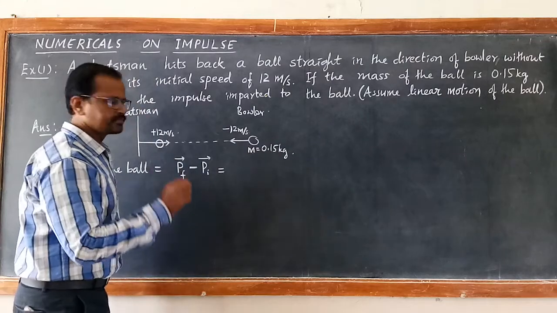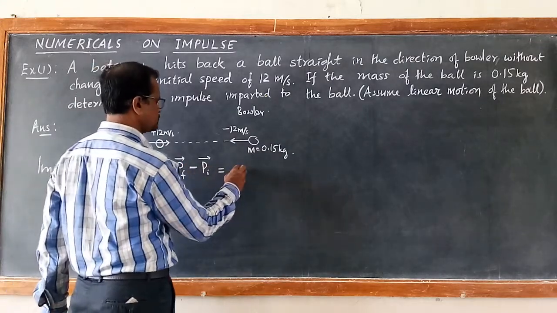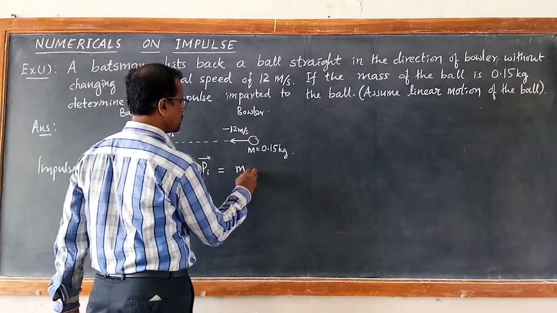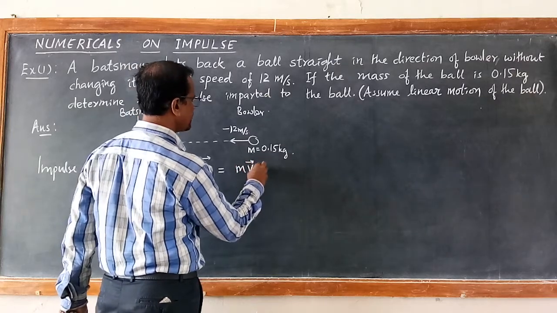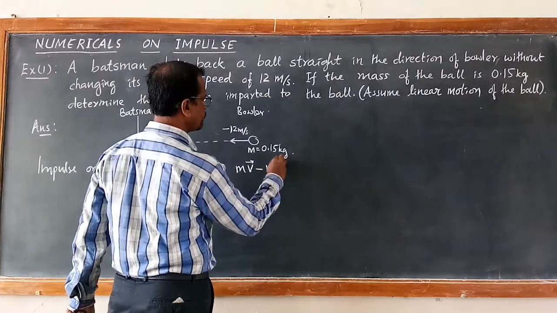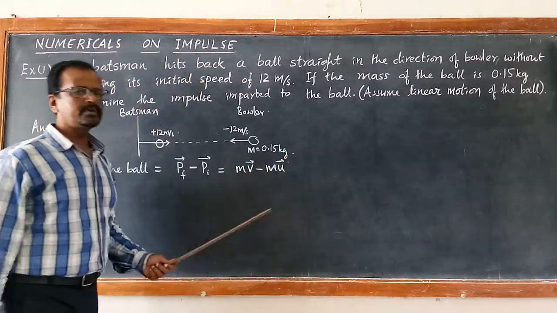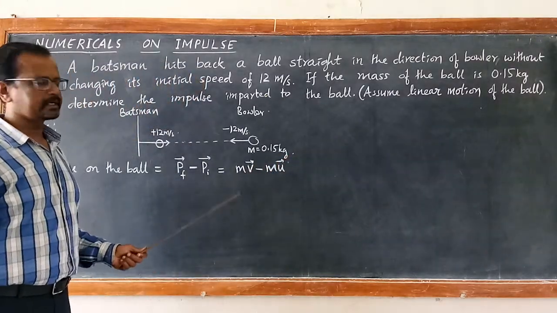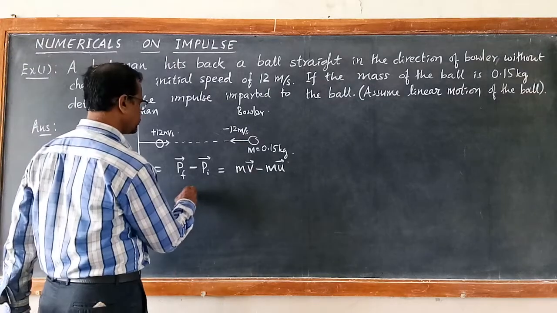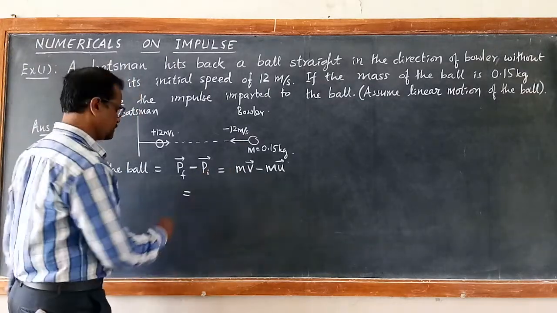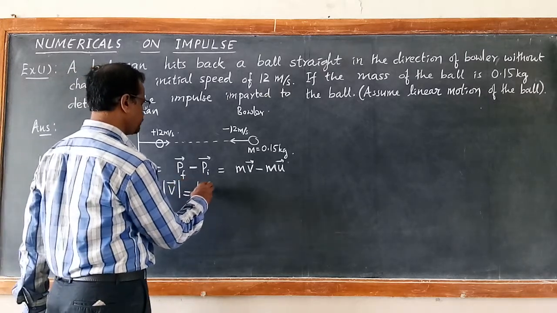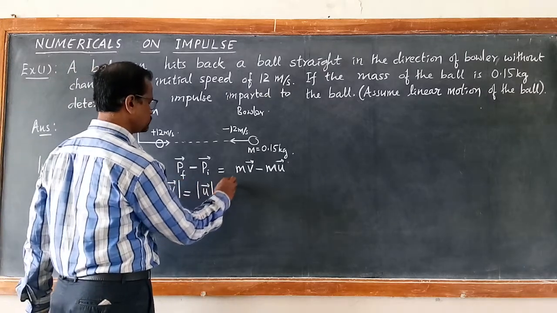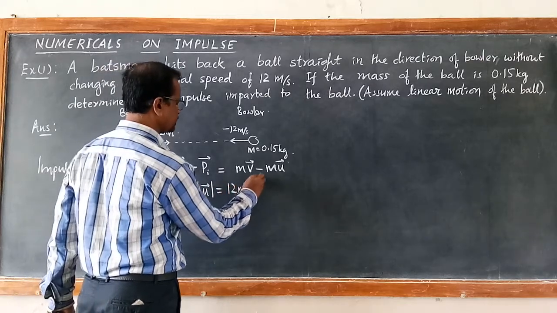Let us assume the mass m, initial velocity u and final velocity v. So we can write it as m v minus m u, as vectors. But the magnitudes of v and u are the same, equal to 12 meter per second.